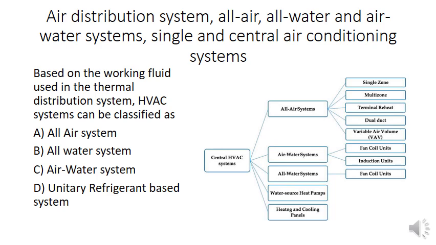Basically, the all air and all water systems can be further classified into different types: single zone, multi zone, dual duct, variable air volume, fan coil, induction coil, etc. So this is the simple classification of which type of system can be used if we are using a central air conditioning system. If we are using it for different and multiple blocks of a building or multiple buildings as well, then it is recommended to use different air water systems or mixtures of air water systems.